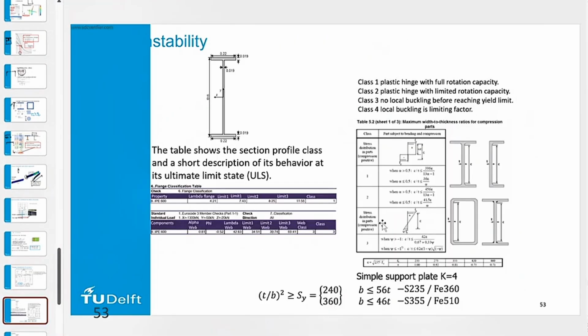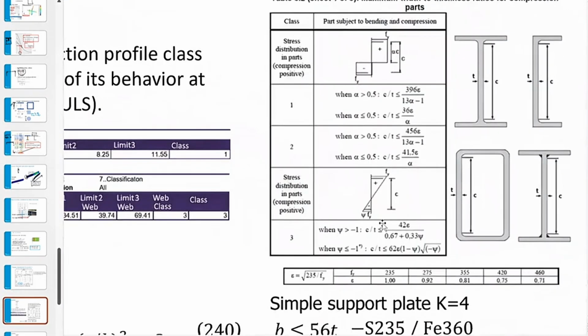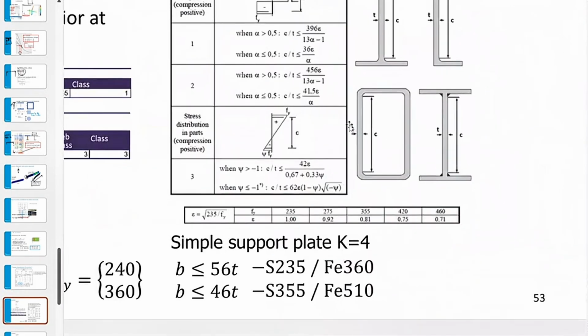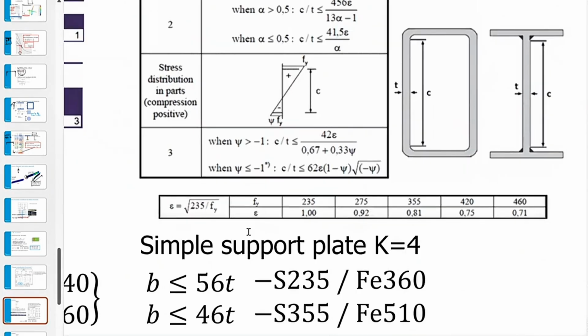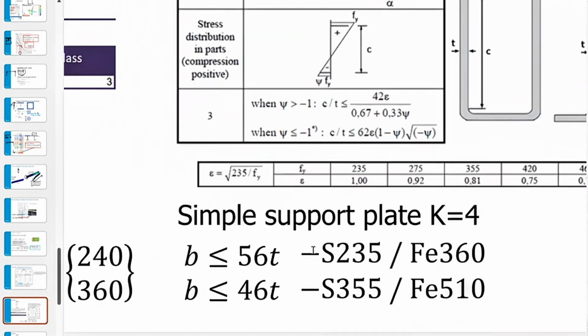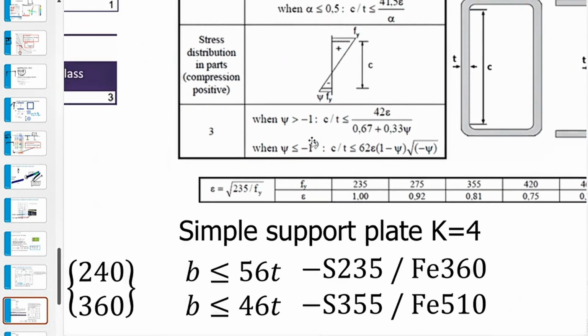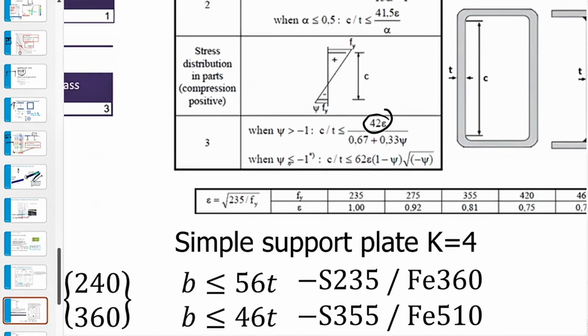Then if we take into account the classification of the internal parts, all the web plates so to speak, then we see that instead of a limit of 56, they have a limit of 42, and they take into account also the stress variation.